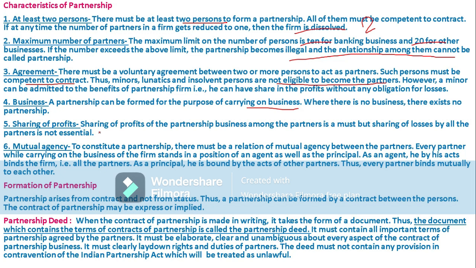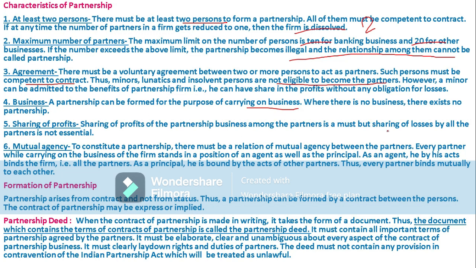Sharing of profits is definite, okay, but losses is not essential; it depends upon the proportionate ratio of the partners in the deed. Okay, it depends upon the partnership deed. But sharing of profit is definitely shared by each and every person.